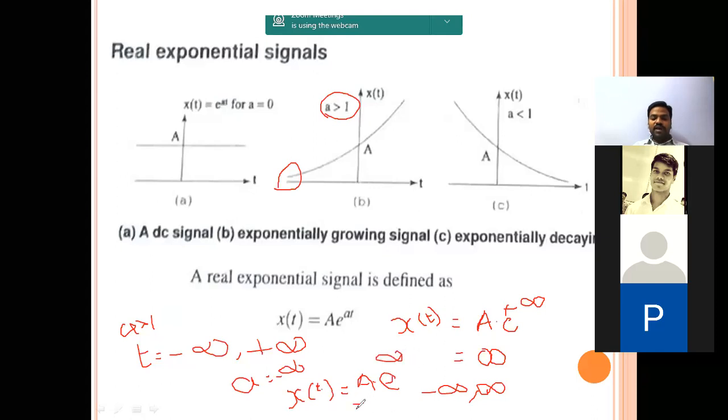So x of t is equal to plus infinity. Now your signal starts from infinity at t is equal to minus infinity, and keeps on decaying up to t is equal to plus infinity. Likewise, we are going to define the exponential signals.